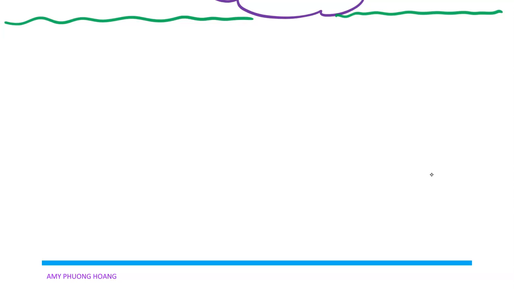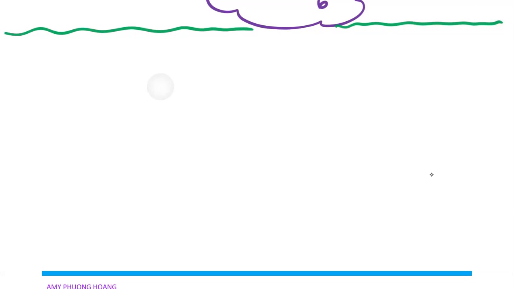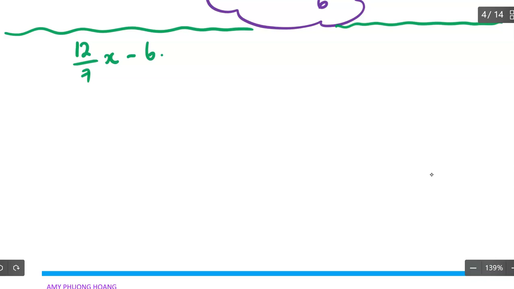Okay, so let's try this again. 12 over 7 x, subtract 6, equals 15, subtract 6 over 7 times x. This is similar to, I better write it here as method 2.